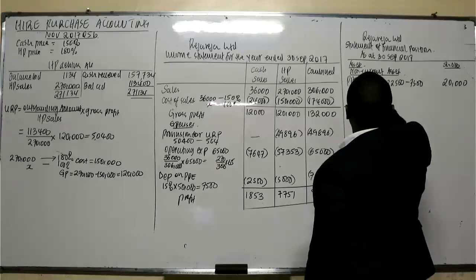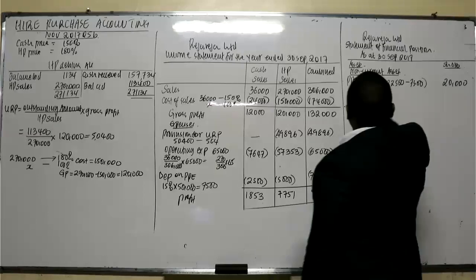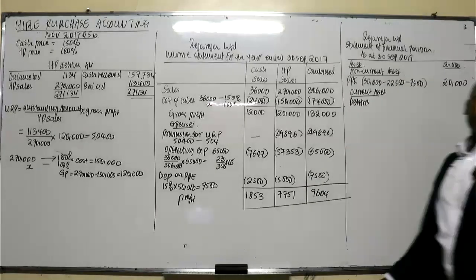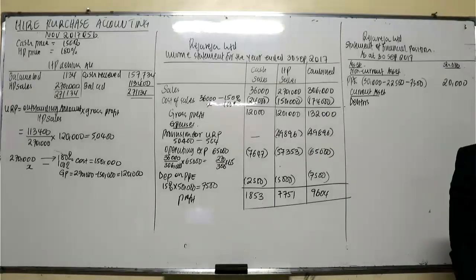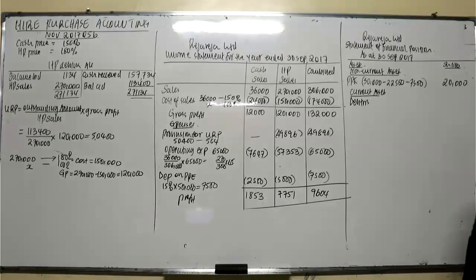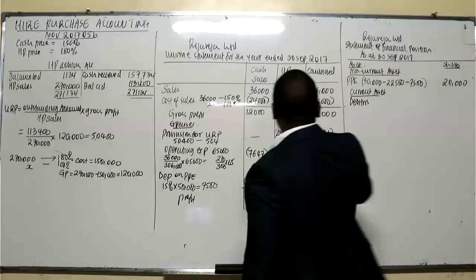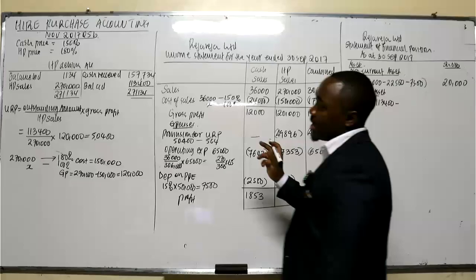Then we have the current assets. Current assets, we start with the debtors. How much was the debtors? It's not there, it's here. Amount of 113,400, but we made the provision for unrealized profit on debtors.